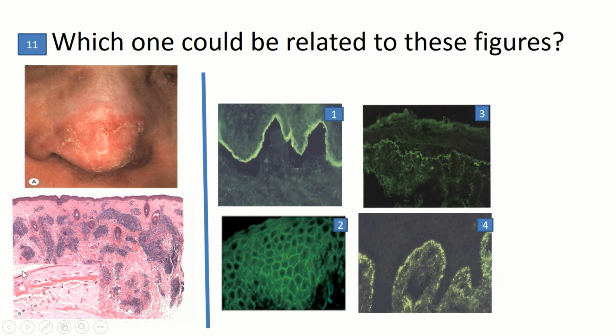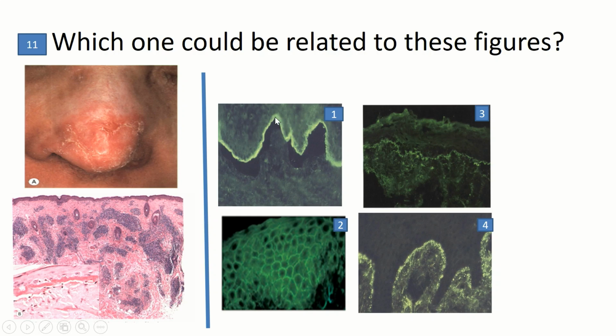Now, we have another case that involves some patch on the nose and prefollicular and prevascular infiltration. These findings are indicative of a kind of lupus erythematosus. Here we have subepidermal bulla formation.